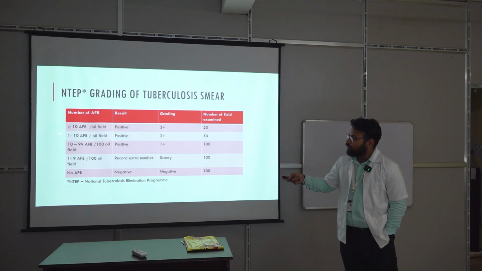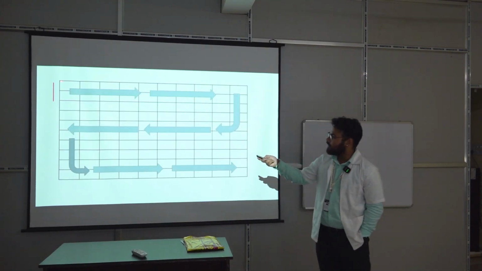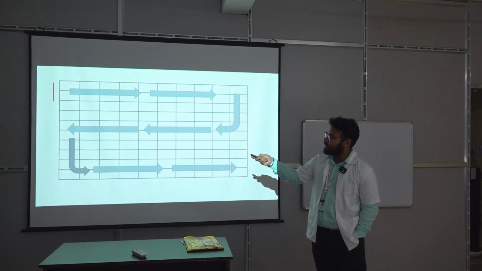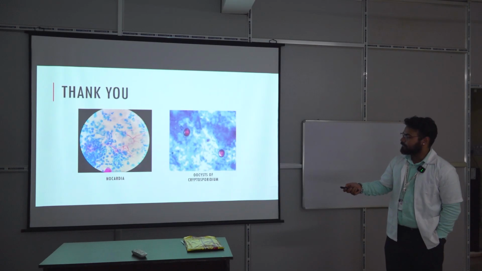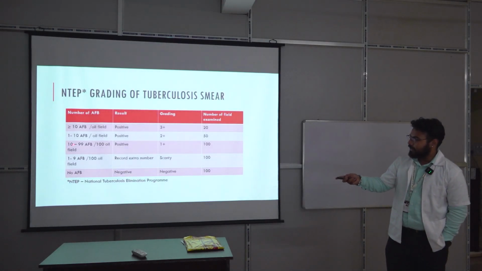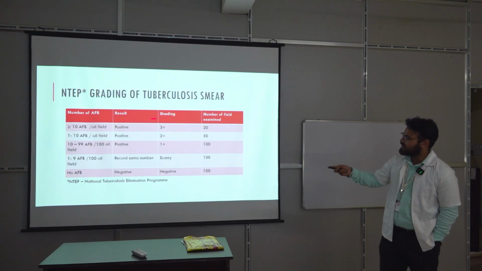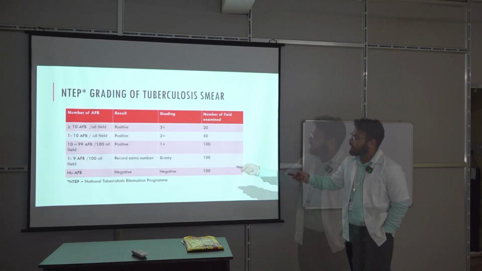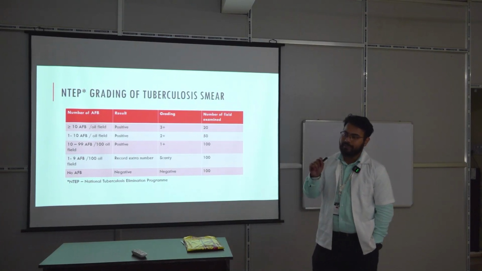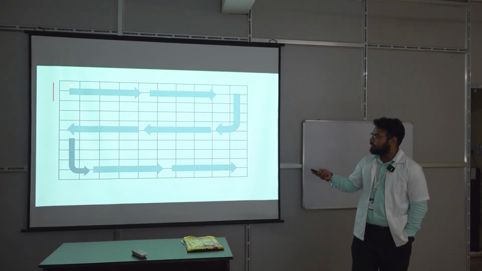Similarly, if 1 to 10 AFB per oil field, suppose this is one oil field, you see 5 here, 6 here, 3 here, okay. On an average, if you see 1 to 10 AFB per oil field, it is said 2 plus grading, and in this case we require only to examine 50 oil fields, okay. In case there are more than 10 AFBs per oil field, this is your one oil field.